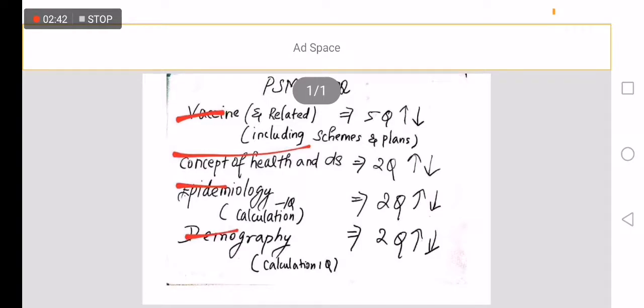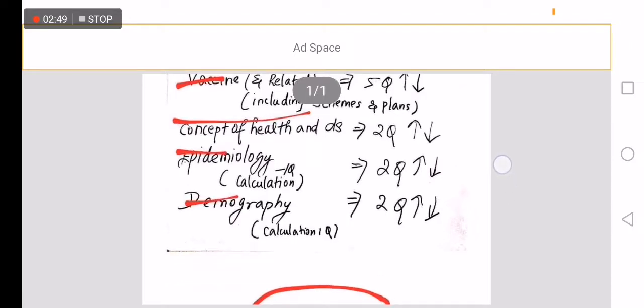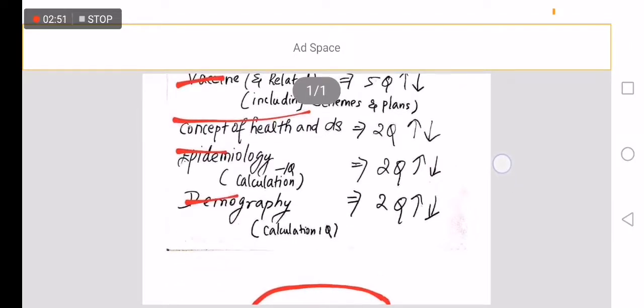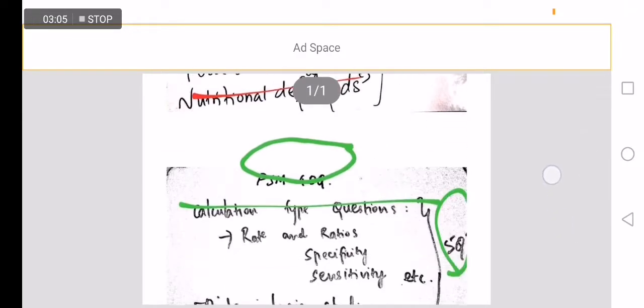For vaccines and vaccine related, including schemes and plans, you will get 5 questions or more. Concept of health and disease, epidemiology. In epidemiology, you can get compulsory 1 question based on calculation. And demography also, you can get 1 calculation type question.